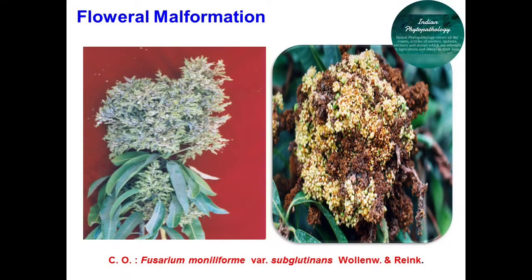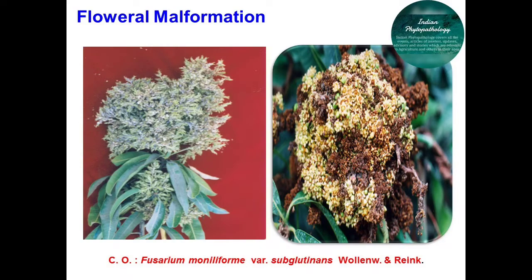Then we have to cut down affected terminals 15 to 20 cm along with healthy portion and burn them outside the field. Similarly, this disease can be controlled initially by spraying with 200 ppm of NAA, that is naphthalene acetic acid, a growth regulator, in the first week of October, followed by deblossoming at bud burst stage.